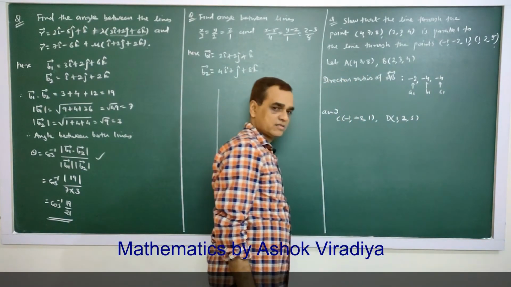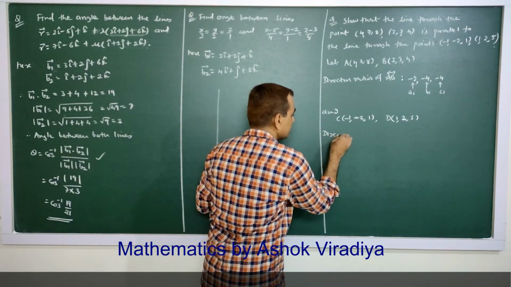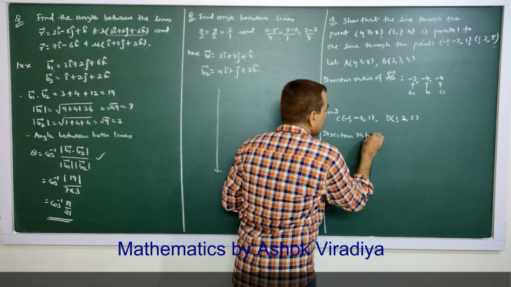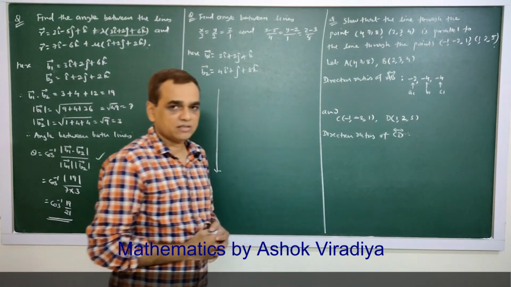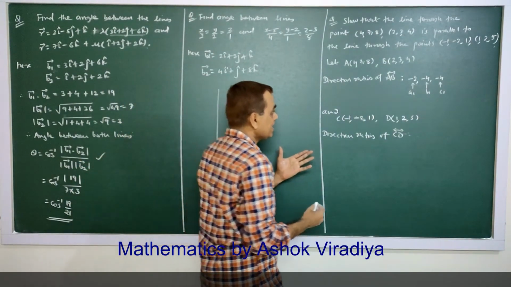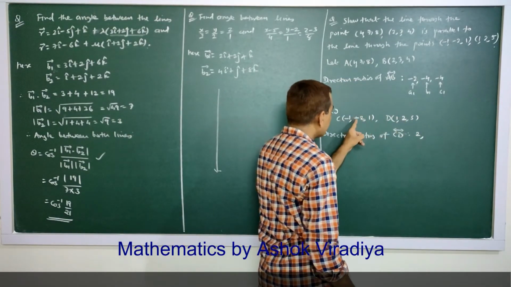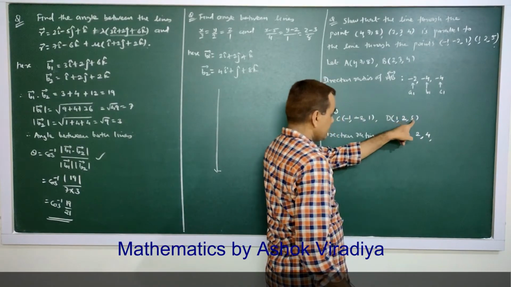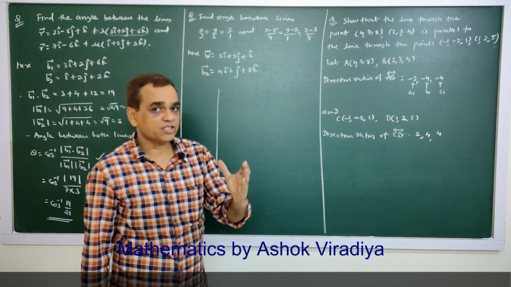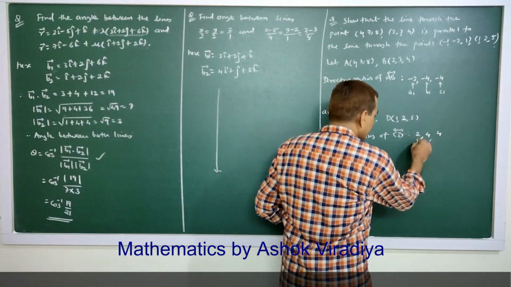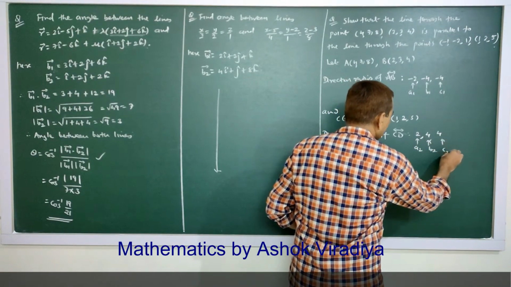The second line passes through C and D. So the direction ratios of line CD are x2 minus x1, so it is 2, comma y2 minus y1, that is 4, z2 minus z1, that is 4. These are direction ratios. Now this is A2, this is B2, this is C2.